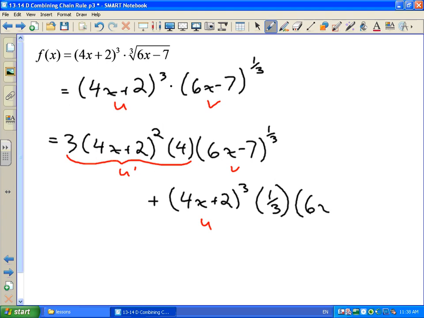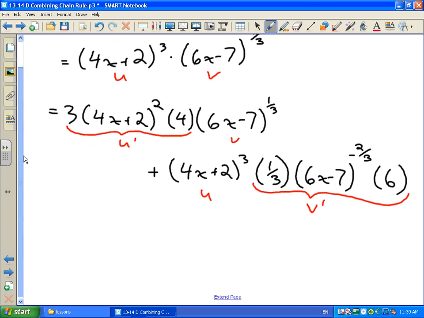I'll keep the 6x minus 7 inside, subtract 1 from my exponent, which will give me negative 2/3. And then I multiply by the derivative of what's inside the brackets. So this whole thing gets multiplied by 6. So this mess from here to here is v primed. So u prime v plus u v primed. Okay.